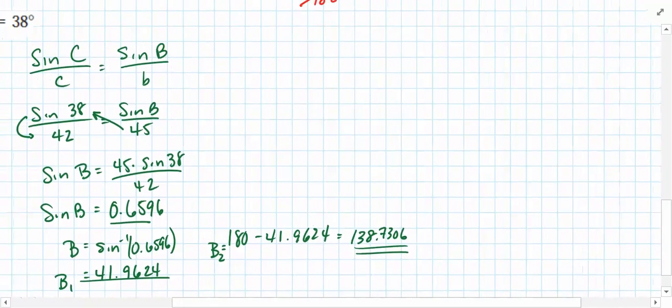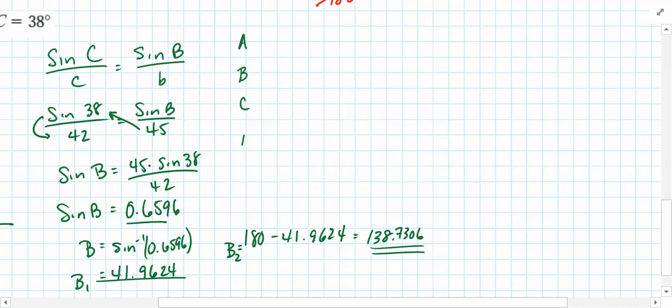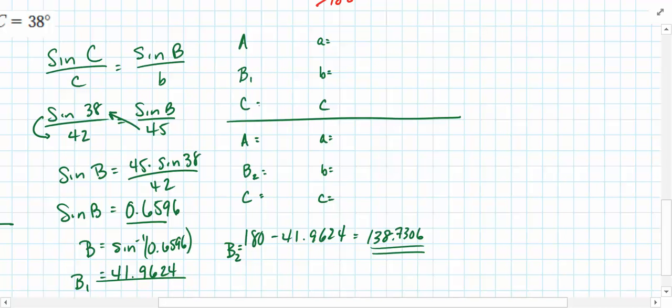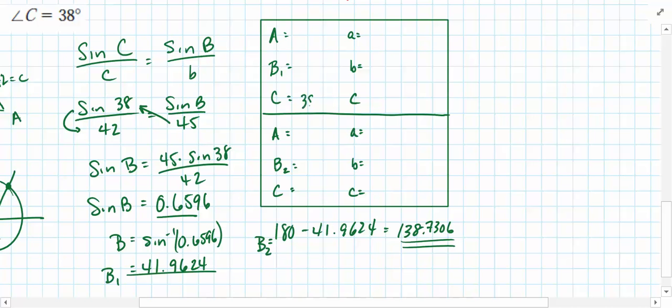So let's find out what the rest of the triangle might look like. I'm going to set up two results here, A, B, C, and A, B, C. I'm going to call these B1 and B2. I'll have those separated. And for each of those, we're going to have different side lengths, A, B, and C, and A, B, and C. Well, in both cases, C has to be equal to 38 degrees.